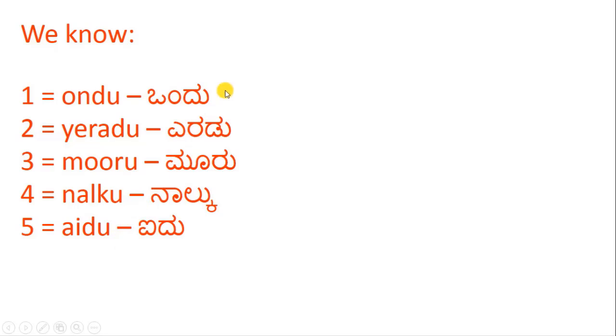Right? If you do not know this, I have made a video about speaking, reading and writing Kannada numbers. It is better if you watch that video before you watch this. Now we'll take only five numbers for this video.